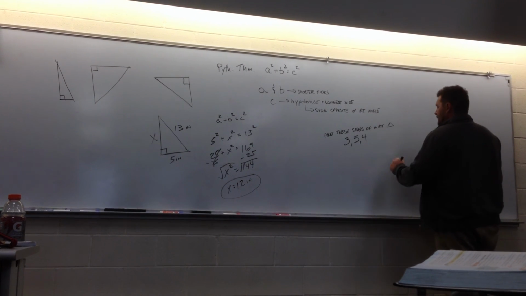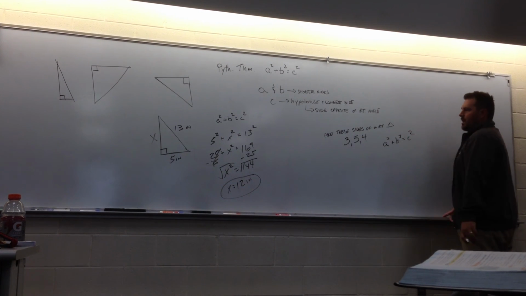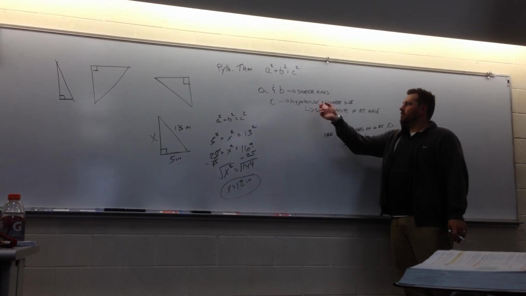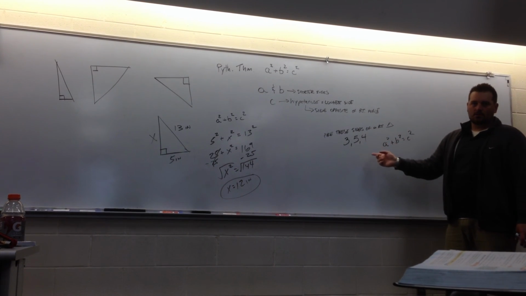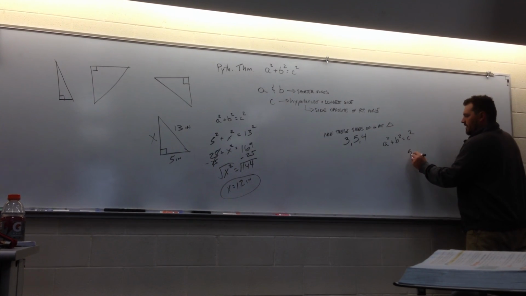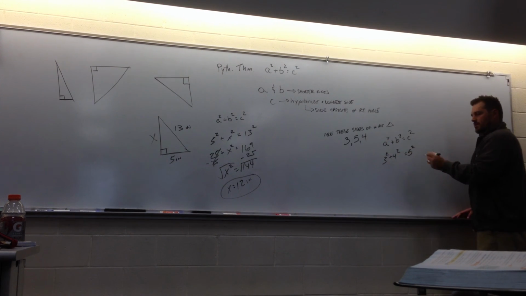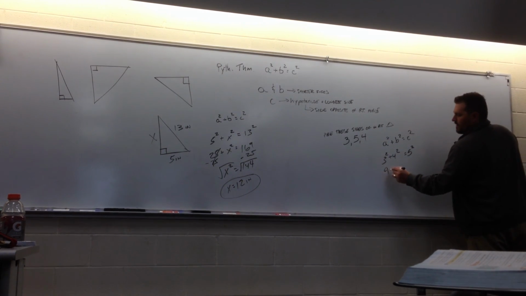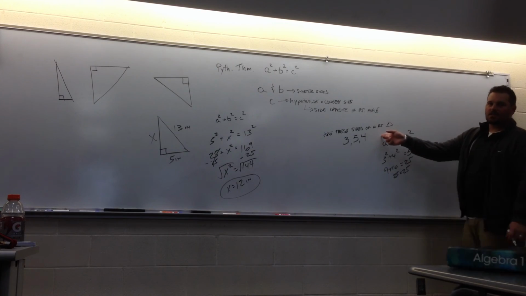So let's try. A squared plus b squared equals c squared. Now, the hypotenuse is always the longest side, right? So what would my c be here? 5. So I'll put 5 squared here, and then 3 squared plus 4 squared. It doesn't really matter. So I have 9 plus 16 equals 25. 25 equals 25. This is a right triangle.